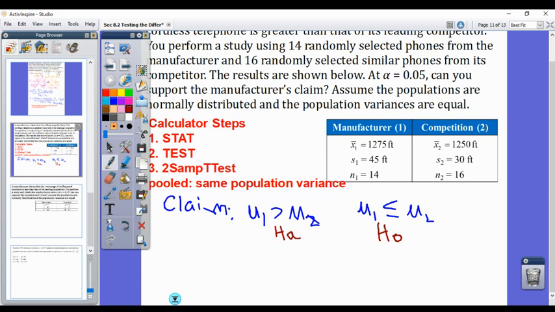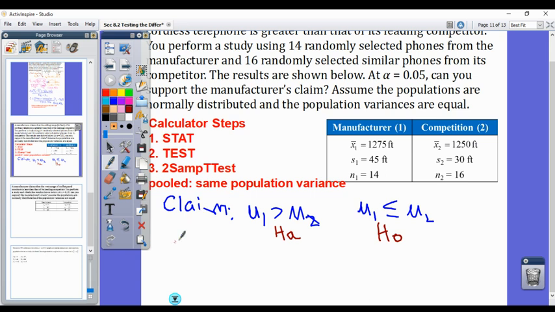And then you're going to go down to where it says mu1 is not equal to mu2 or less than mu2 or greater than. So you're going to pick whichever one is the alternative hypothesis because that's what you're testing in this case. And then you're going to hit calculate. And from there, it's going to give you a t-value and a p-value.